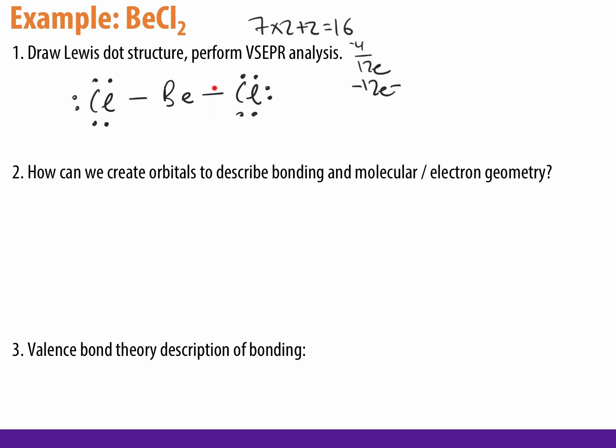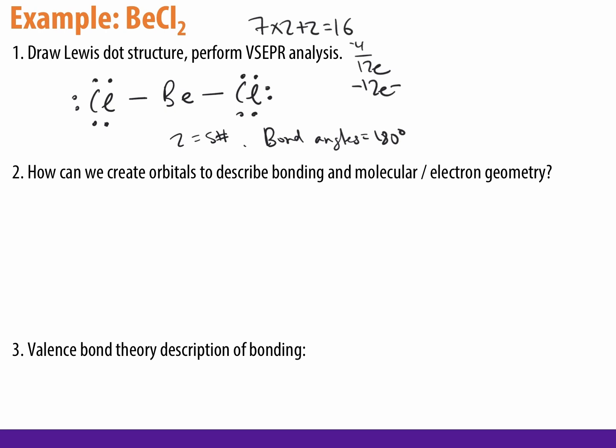If we look at this here, now we want a description of what's going on. Well, we have 180 degree bond angles in beryllium, so the steric number is 2. The bond angles are 180.